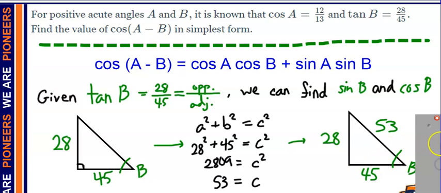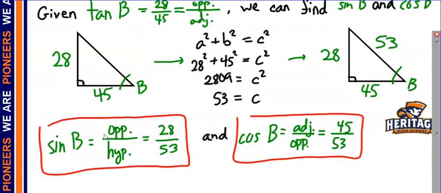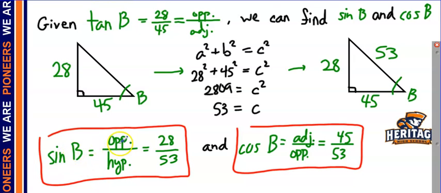So therefore, we have our hypotenuse for this triangle. And just because I noticed it in time, I will put a tiny right triangle symbol there. Now that our triangle is complete, we can find both sine B and cosine B. Remember, sine B is opposite over hypotenuse, so that gives us 28 over 53.